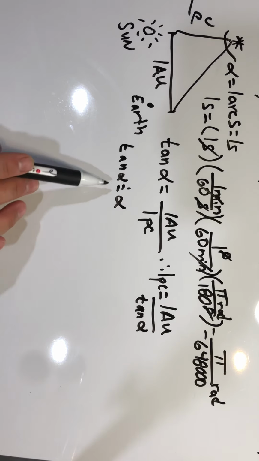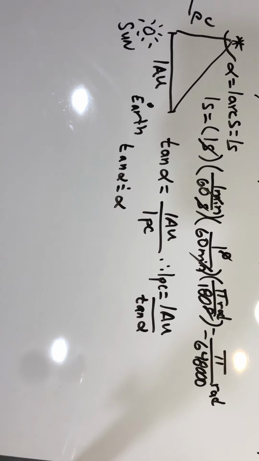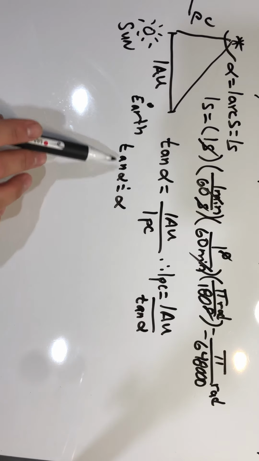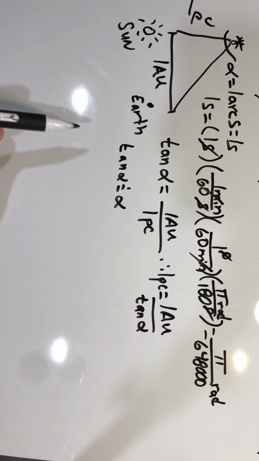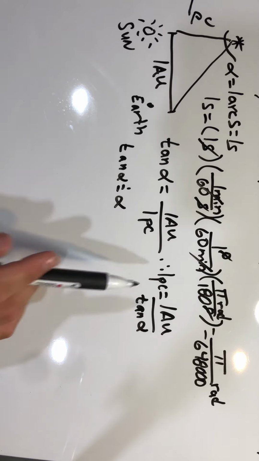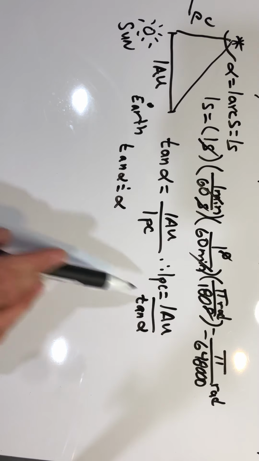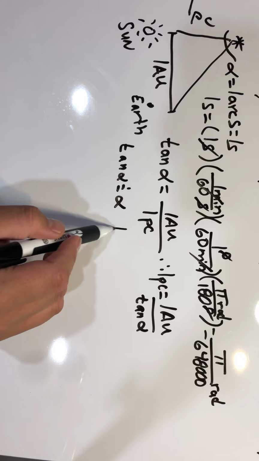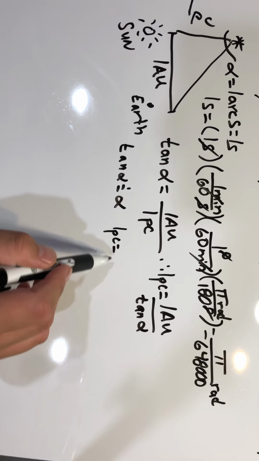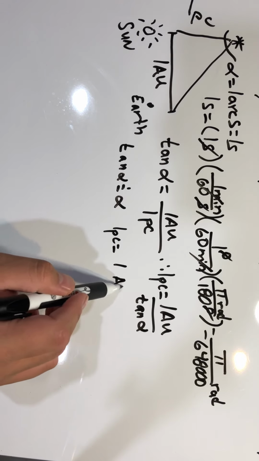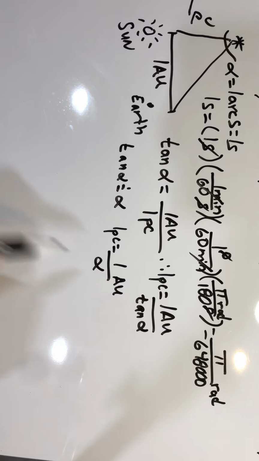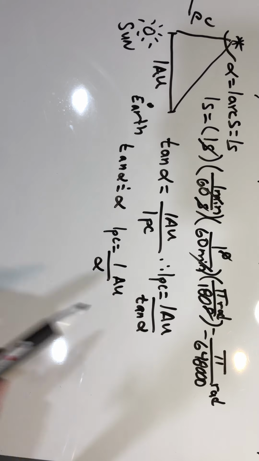It's only going to work out if alpha is in radians, okay? So if alpha is a small number in radians, then tangent of alpha is approximately alpha. And for all intents and purposes, they're one and the same, okay? In other words, this equation that we have up here reduces to 1 parsec is equal to 1 astronomical unit divided by alpha. Get it?